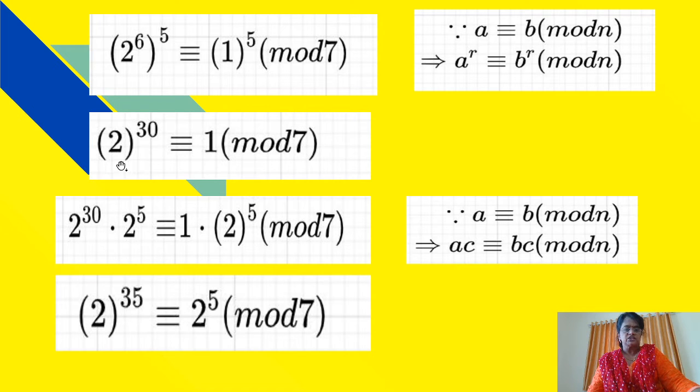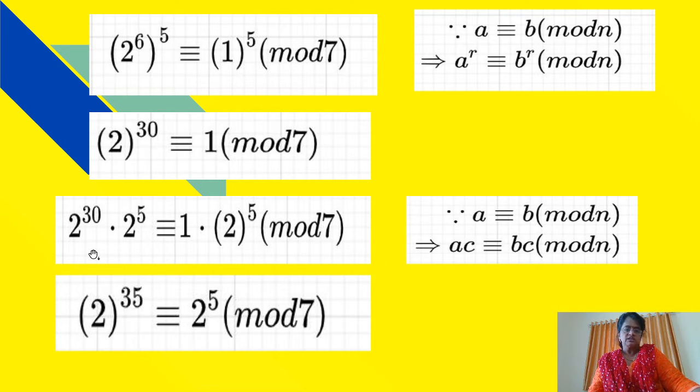From this equation, we can write 2 raised to 30 into 2 raised to 5 is congruent to 1 into 2 raised to 5 mod 7, because if a is congruent to b mod n, it implies that ac is congruent to bc mod n.